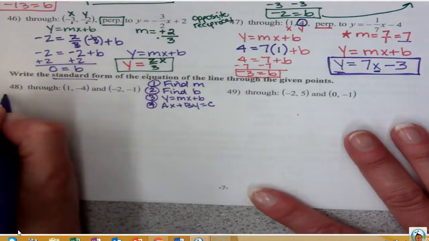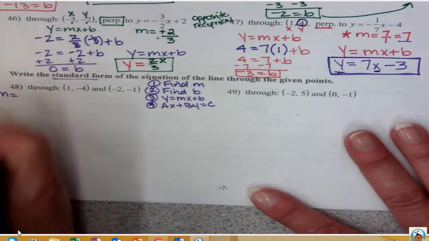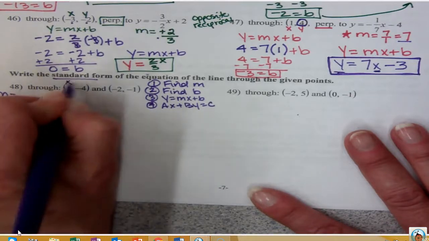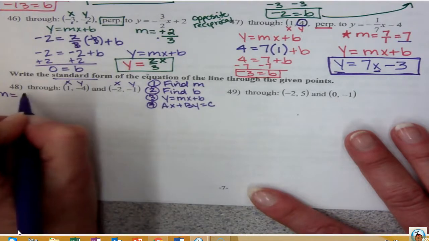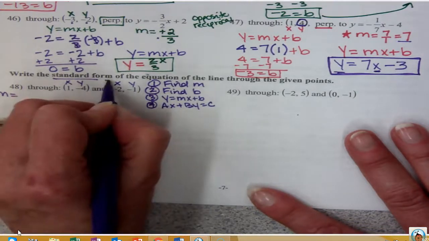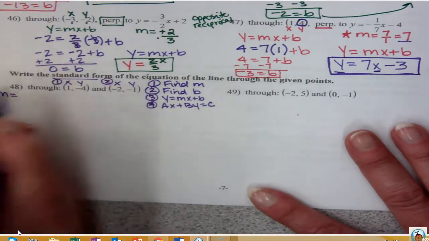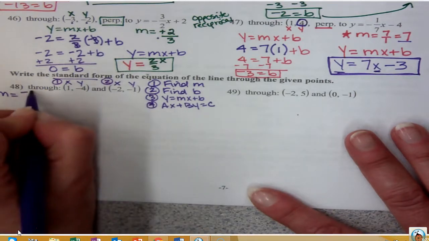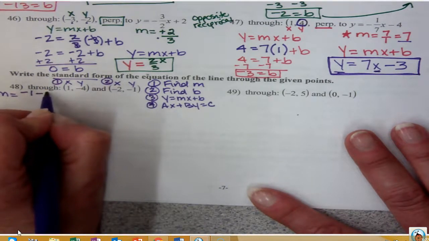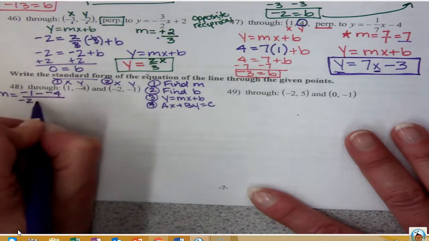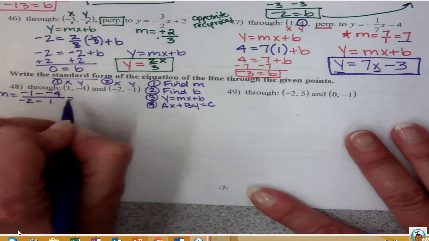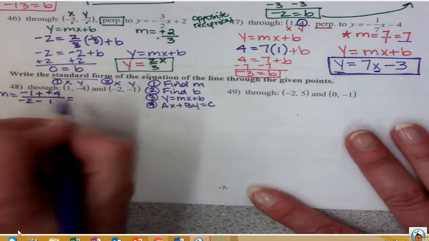All right, so m equals y2 minus y1 over x2 minus x1. This is my second pair. This is my one pair. So I'm going to do negative 1 minus negative 4 over negative 2 minus 1, and this turns into positive.